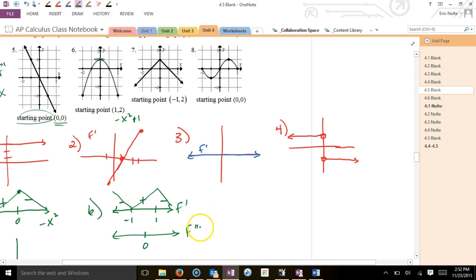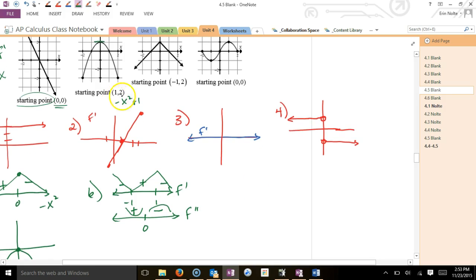Now for the concavity, you're looking for the slope of the derivative. From -2 to 0, it's going upwards, so that's a positive slope. And from 0 to 2, it's going down, so that's a negative slope. So that's the concavity. We've got a happy face and a sad face.